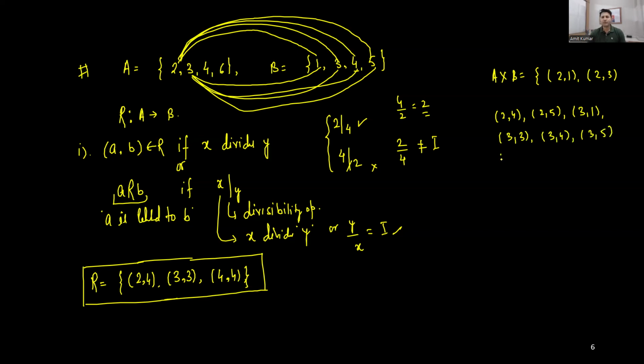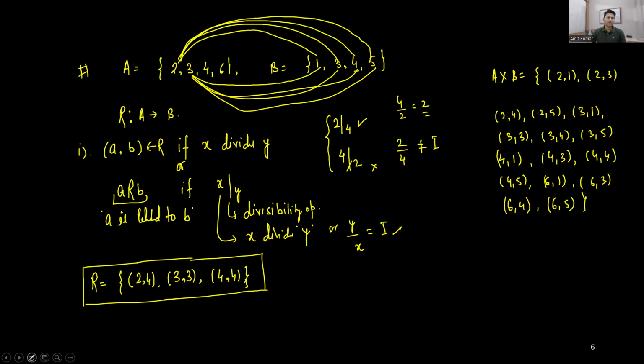In the same manner for 4: 4 comma 1, 4 comma 3, 4 comma 4, then 4 comma 5. In the same manner, 6: 6 comma 1, then 6 comma 3, then 6 comma 4, then 6 comma 5. This is your A cross B.